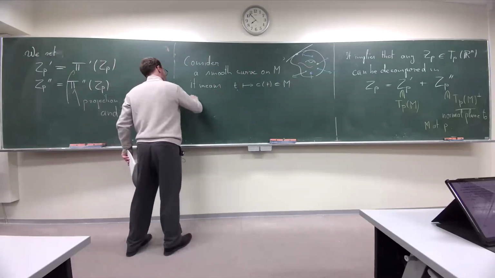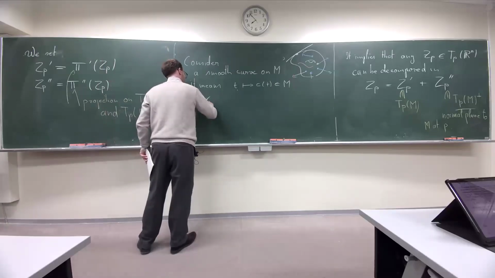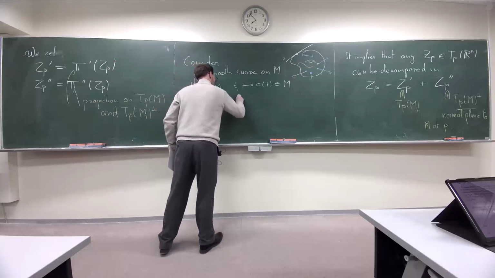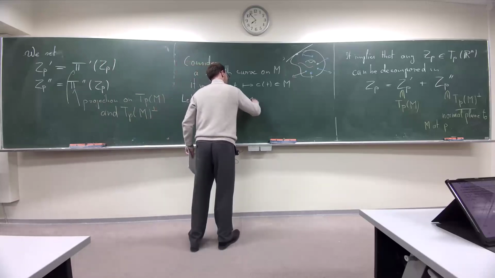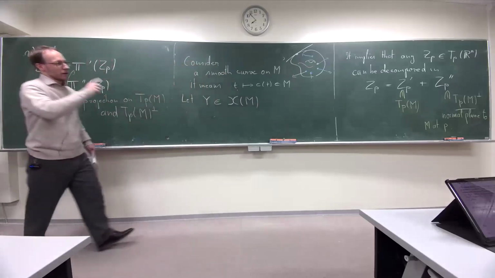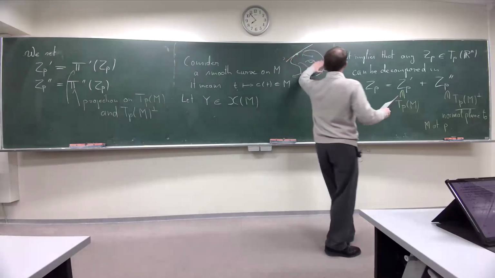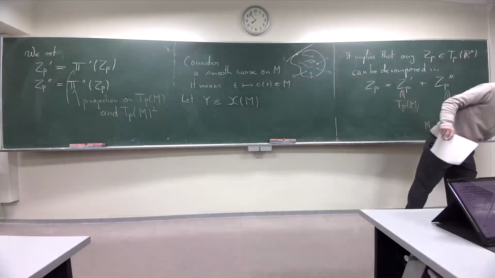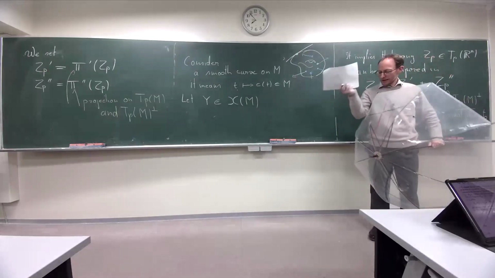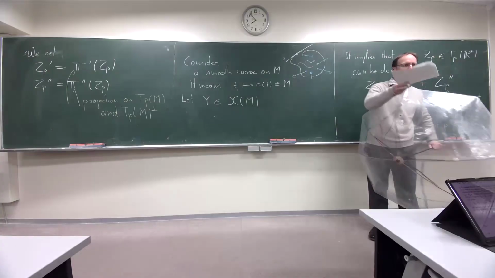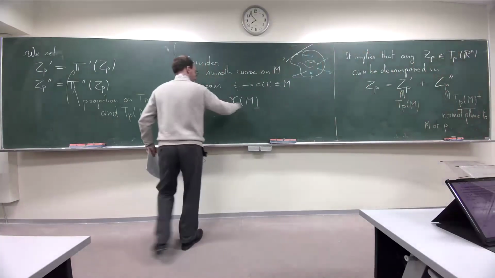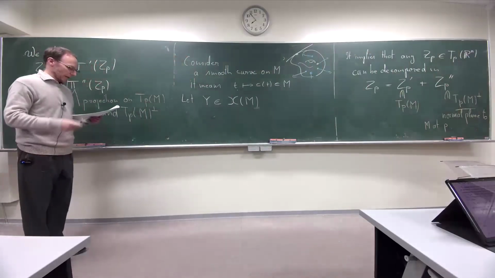And I consider now, be careful, I slightly change the letter, and I will tell you why. Because I consider Y belonging to this. So from now on, this Y is always a vector field on the manifold, but all vectors are tangent. So I use this notation. It means at every point, the vectors are tangent to the manifold. And Y will be such a vector field tangent to the manifold.